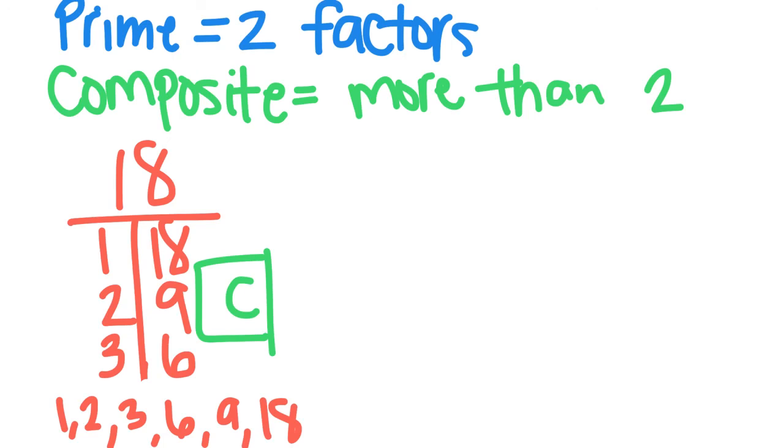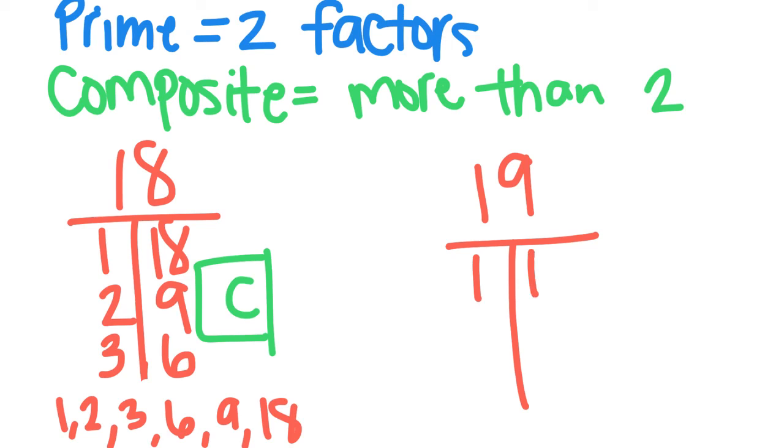Okay, one more example. Let's say, what about 19? Make our T. 1 times 19. What about 2? Nope, 2's not going to fit. What about 3? 3, 6, 9, 12, 15, 18.